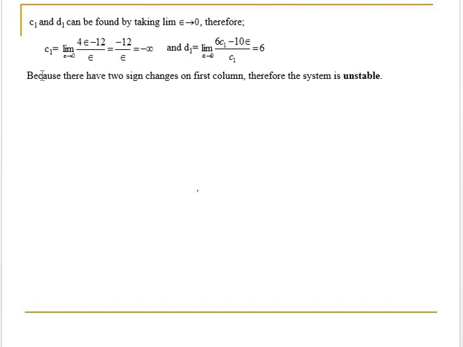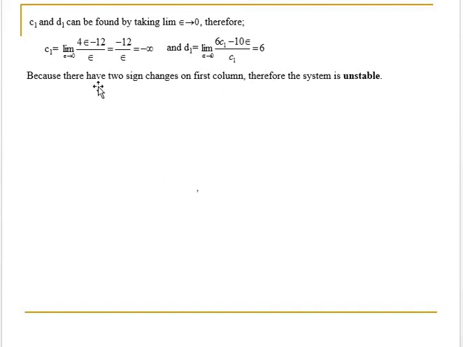Therefore we get C1 as the limit epsilon to 0 of minus 12 per epsilon, which is minus infinity, and for D1 we get 6 as epsilon goes to 0, 6 C1 minus 10 epsilon per C1.